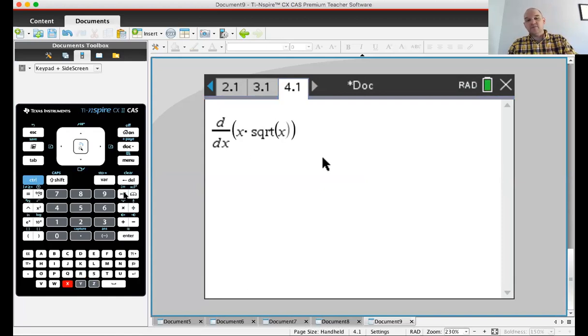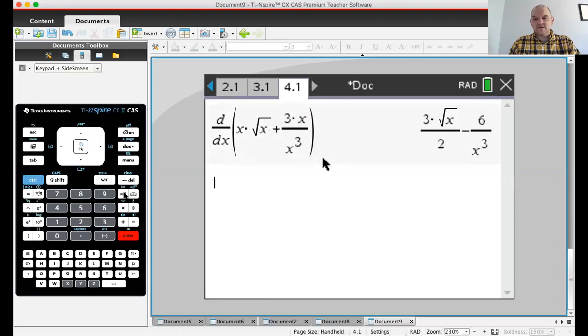Not optional to put that multiplication sign there. If you don't do it, it thinks there's a weird function called x sqrt, and it won't do anything. But you see, as soon as I put that in, sqrt is italicized, multiplication becomes justified, and that means it's a built-in function, plus 3x over x cubed with respect to x, enter.